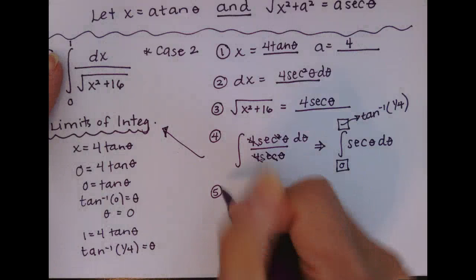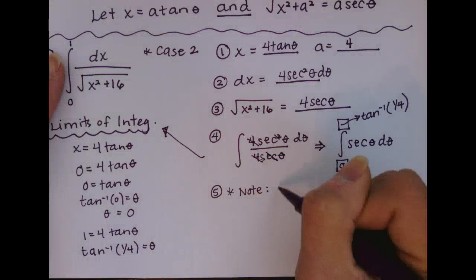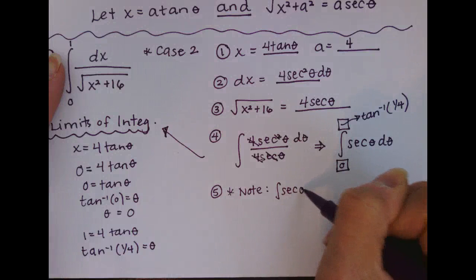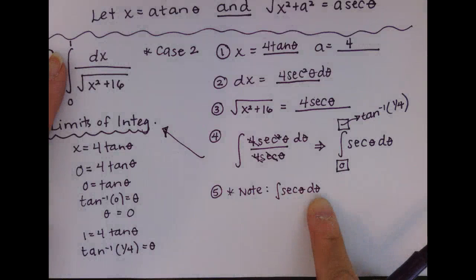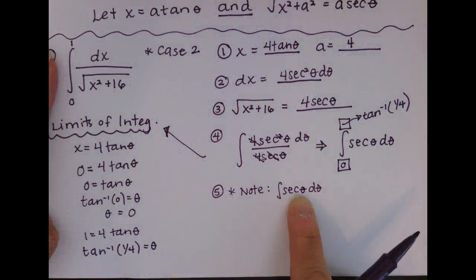One thing to note here is that the antiderivative of secant, just in general, is not one that's easy or obvious. If it were secant squared, that'd be nice, because we know it would be tangent.